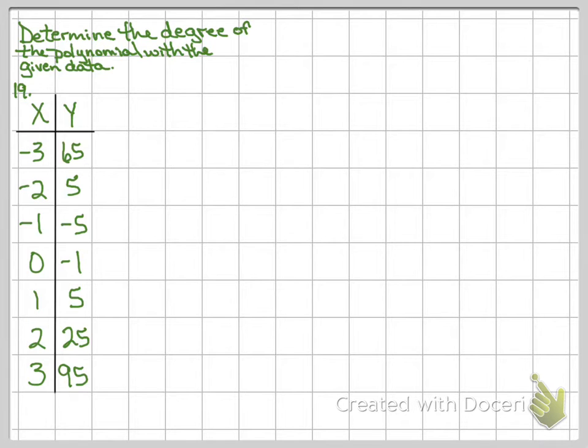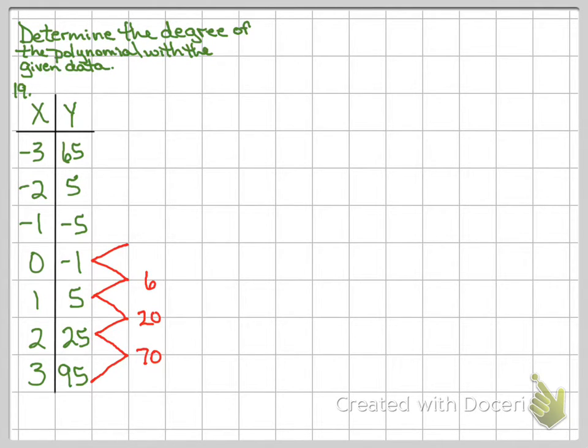Okay, with this one we're going to use differences to find the degree of each polynomial. So, remember we're going to subtract one number from the other. We're going to start from the bottom and work up. We're working with our y's. So I'm going to start from the bottom. I'm going to go 95 minus 25 gives me 70. 25 minus 5 gives me 20. 5 minus negative 1 gives me 6.